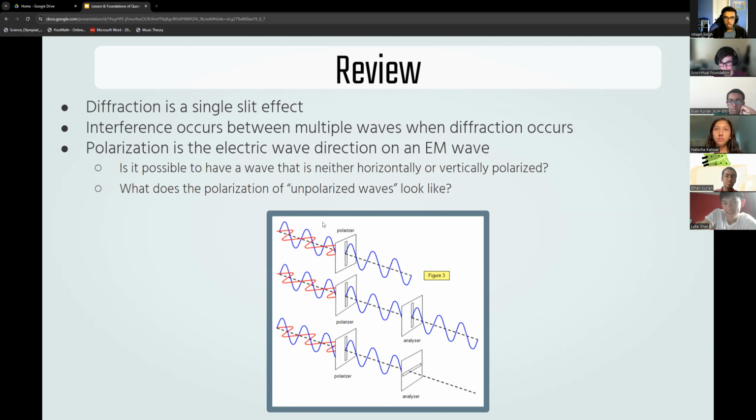To be more specific, circular polarization is a thing and elliptical is a thing, but those are actually just combinations of horizontal and vertical. So the answer to the question is actually no. You can't have light that is neither horizontally nor vertically polarized. Think of it like a plane with an X and Y axis.